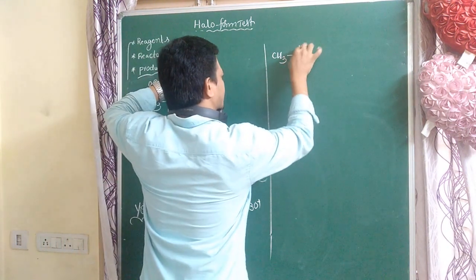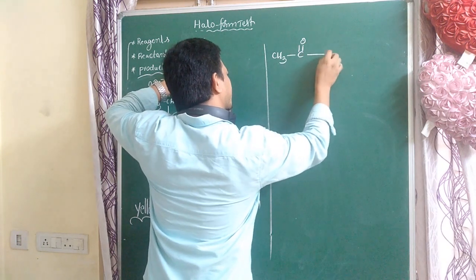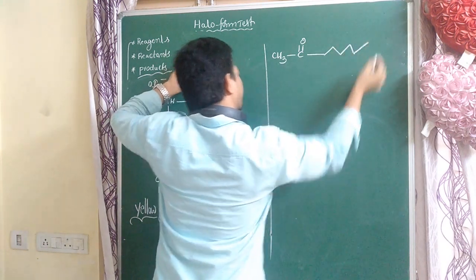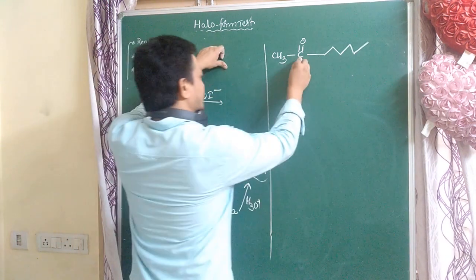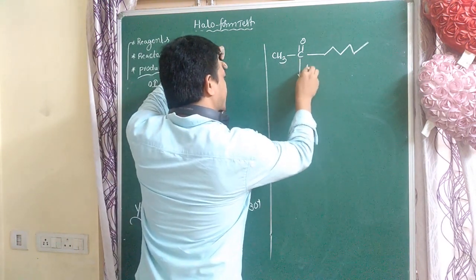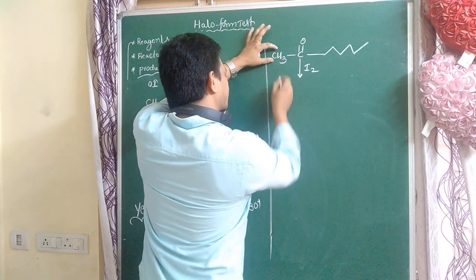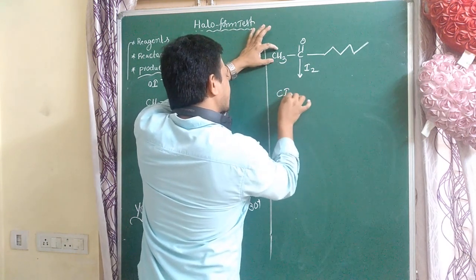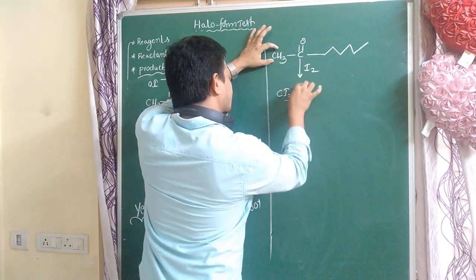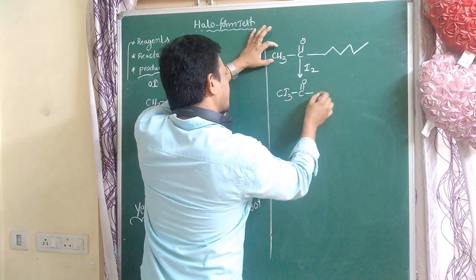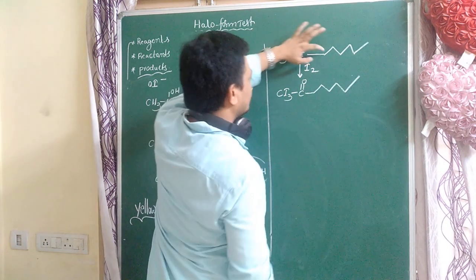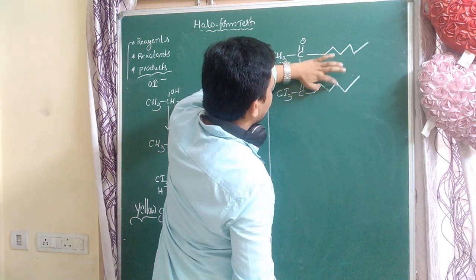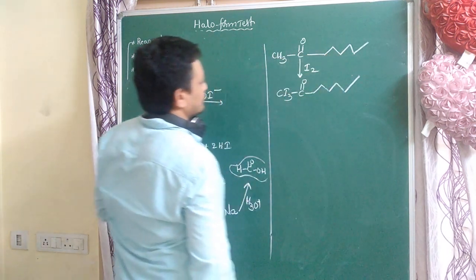So take the ketone, whatever the group may be, which is present in the byproduct at the end of the reaction. First it reacts with halogen and is converted to CI3-C=O with the R group.